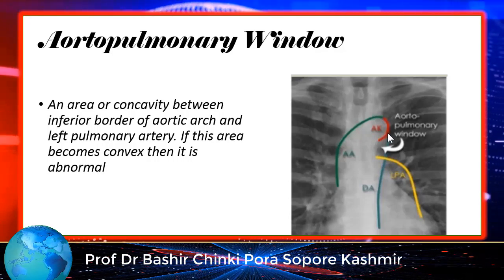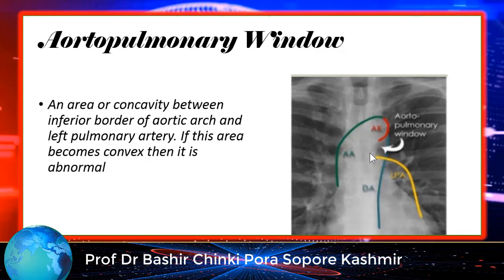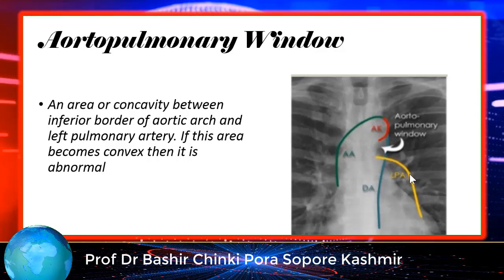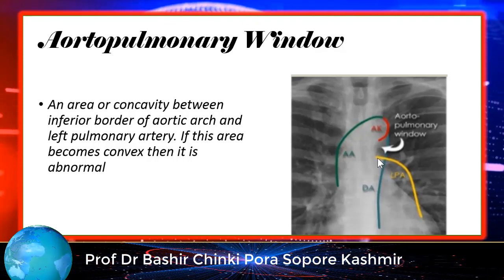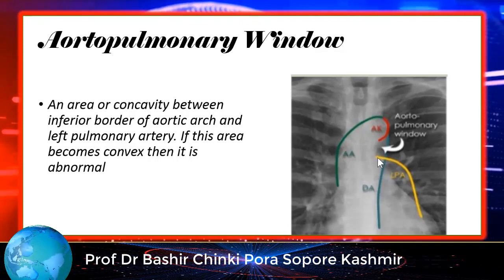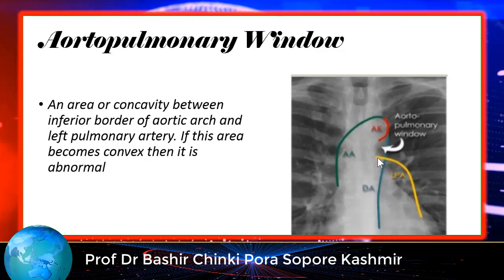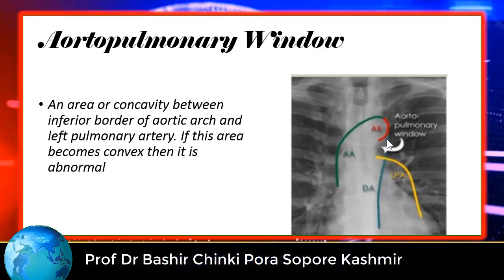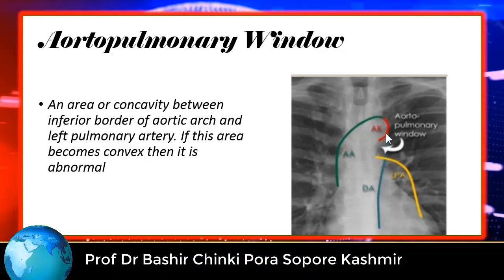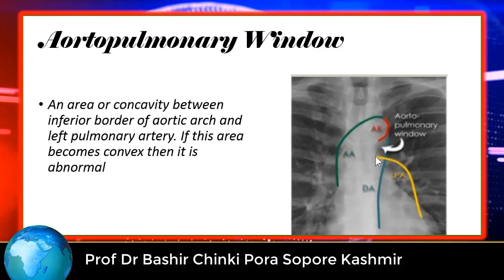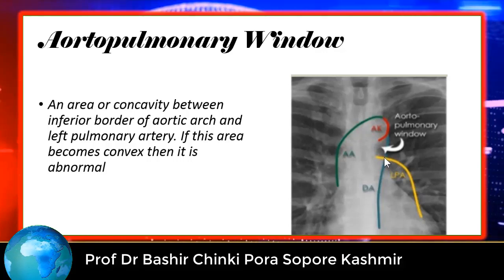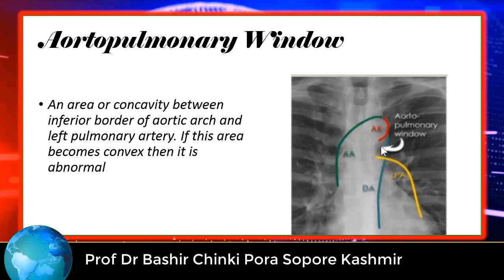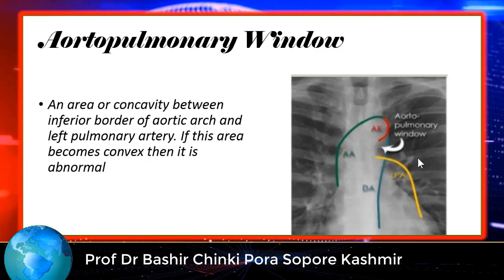So it lies between this and left pulmonary artery. So this yellow line is the left pulmonary artery. So the aortopulmonary window is an area that lies between the inferior border of aortic arch and left pulmonary artery, and this is concave in shape.